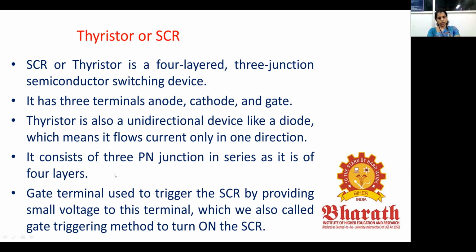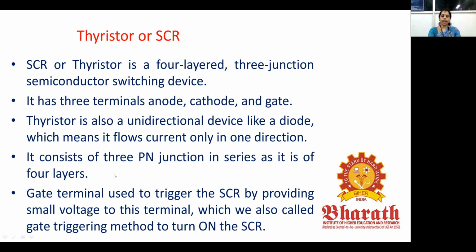It is also a unidirectional device. The switch is turned on only during forward biased condition, and it is in off condition when it is reverse biased. As with a diode, the current flows only from anode to cathode. No current flows from cathode to anode.